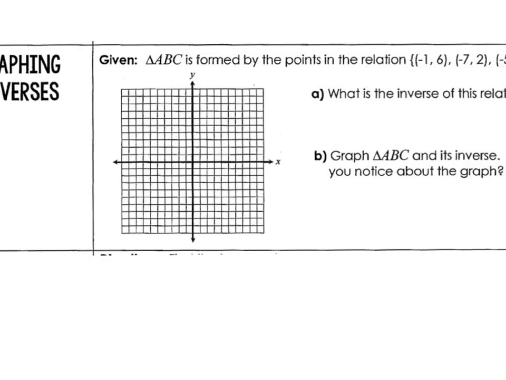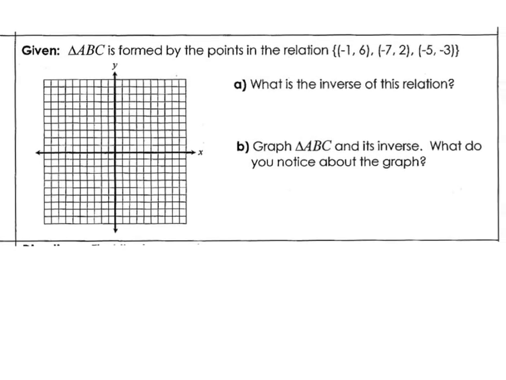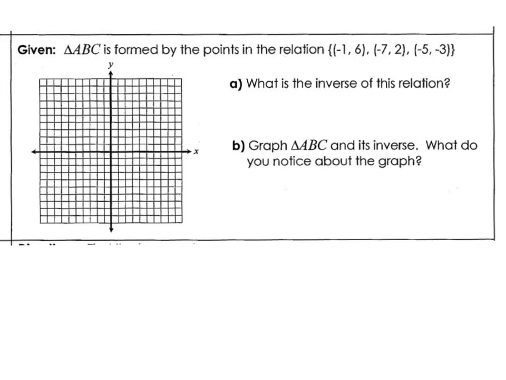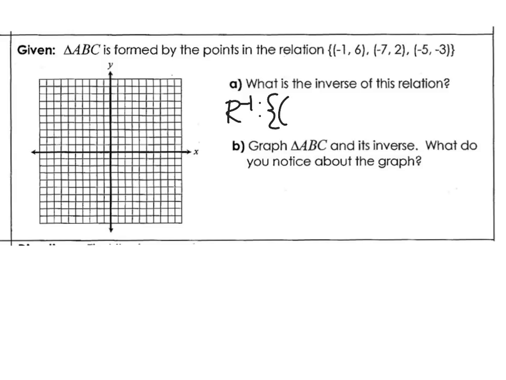So if you're given that triangle ABC is formed by these 3 points in this relation, the first thing you want to do is write the inverse of this relation. So we know the inverse of this relation would be, take each point and switch the x and y. So it'd be 6, -1. Oh, not -7. It would be positive 2, -7.